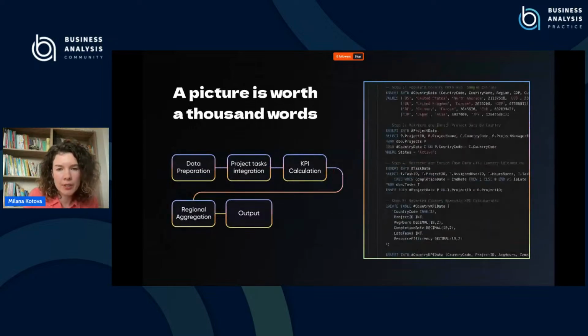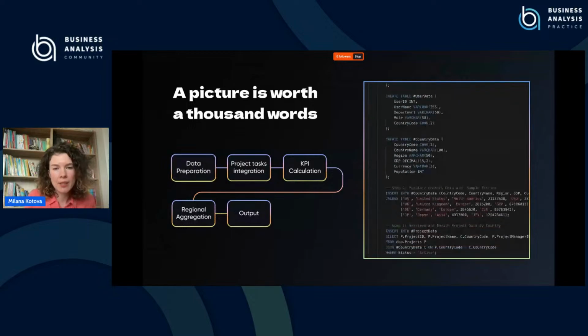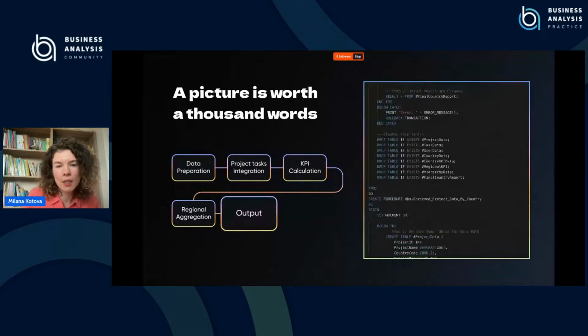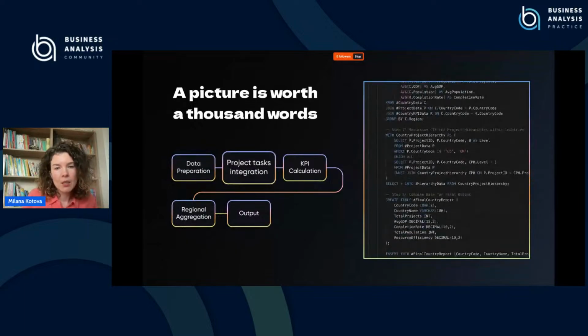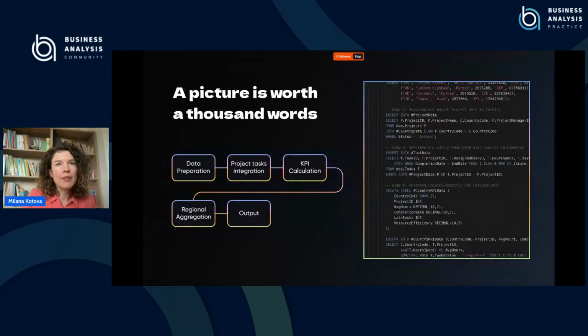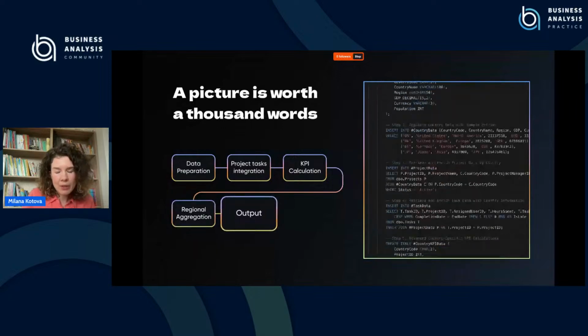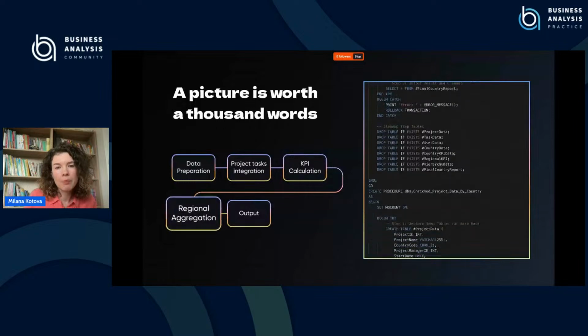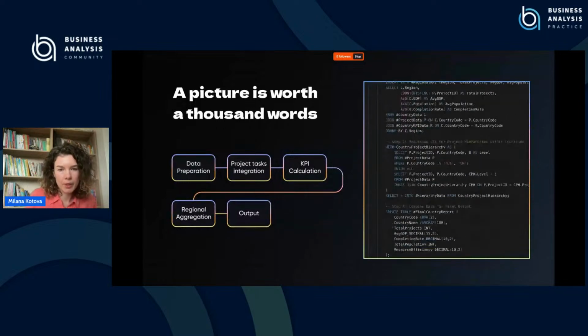And of course, it is way too complicated for my communication with my clients, internal clients, stakeholders, etc. So I decided to put these thousands of rows of code into something readable, comprehensive, and explainable.